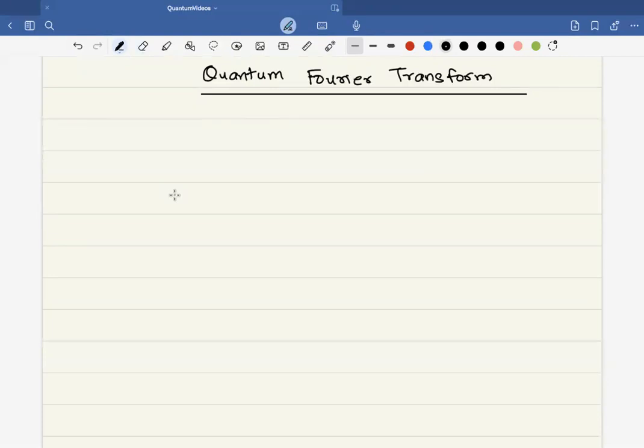We define a Fourier transform as an N-dimensional unitary operator that goes from the N-dimensional complex vector space to an N-dimensional complex vector space.